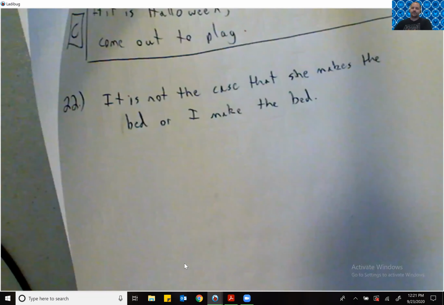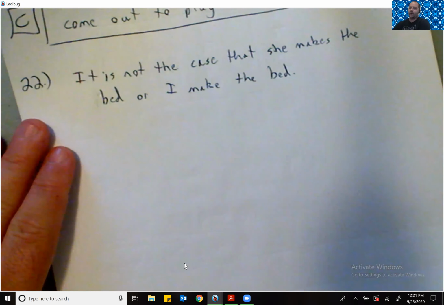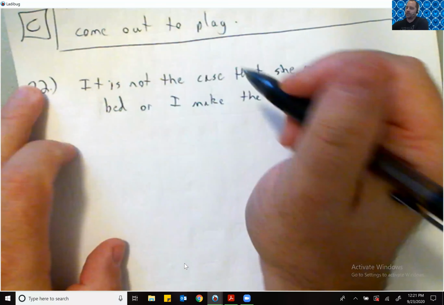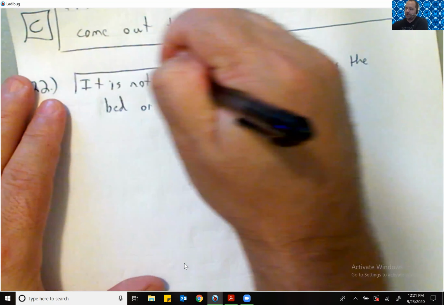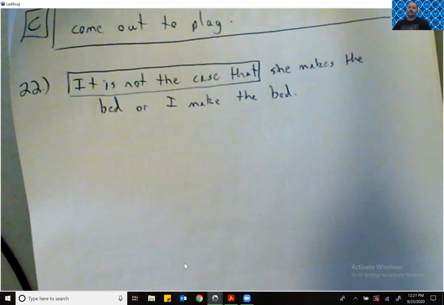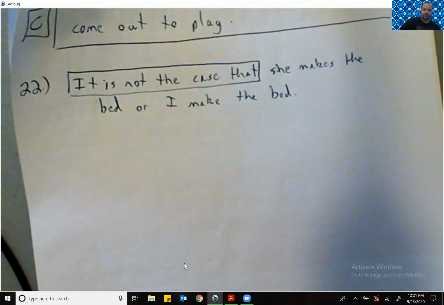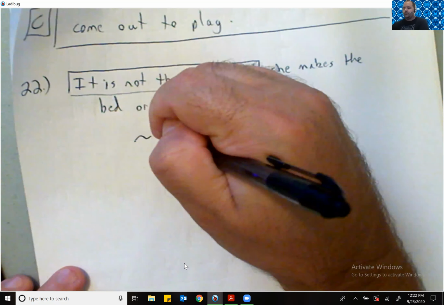All right, so let's write this up in symbols. In my videos and when I talk in class, I tell you that this piece right here, it is not the case that, is a large negation word. So this symbol really means negate parenthesis.